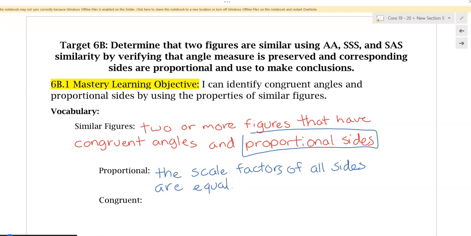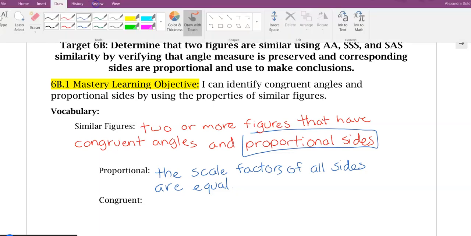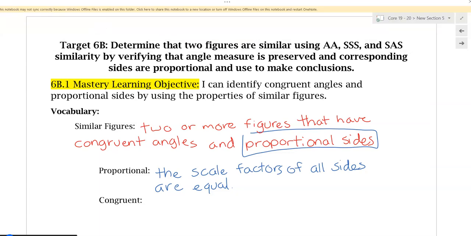So when I do new over old for every single side, all of those fractions or numbers should be equal. So proportional is really that the fractions are equal. And then we have our congruent angles. Congruent is just the same as equal. So if one angle is 34 degrees, the other angle is 34 degrees. They are equal.